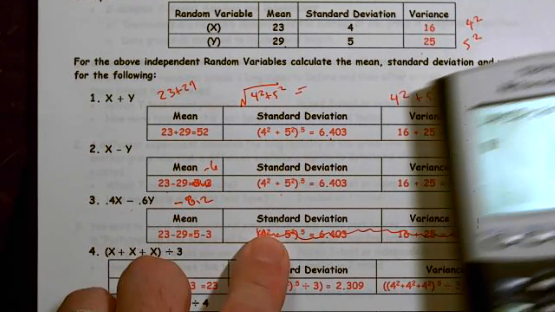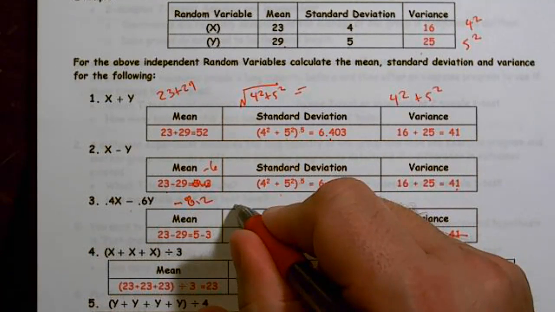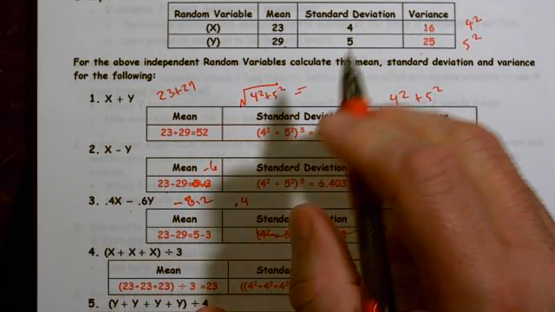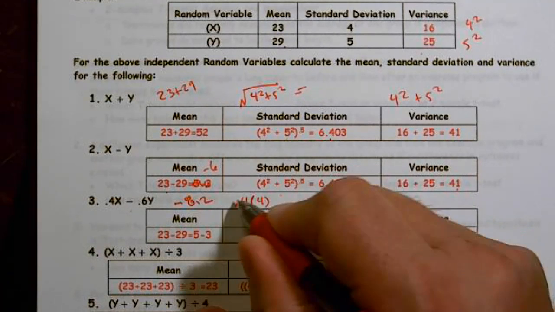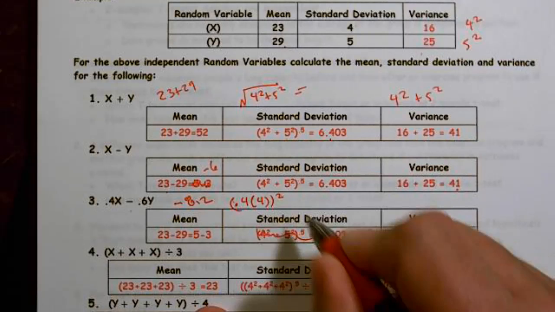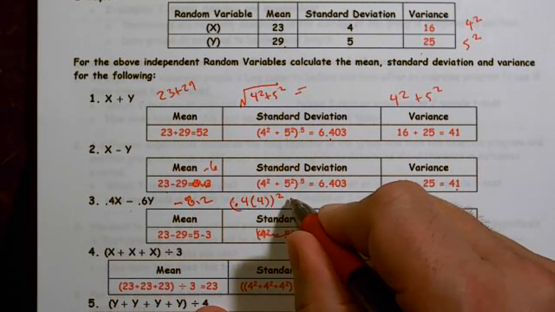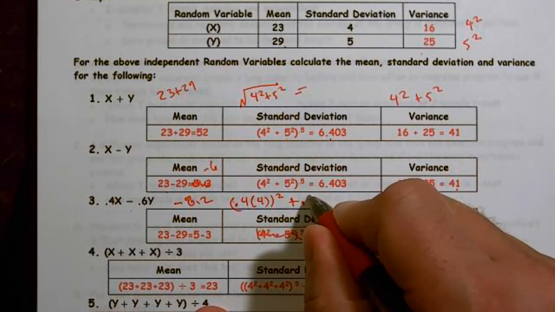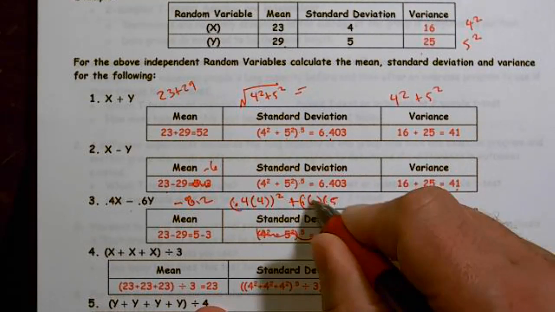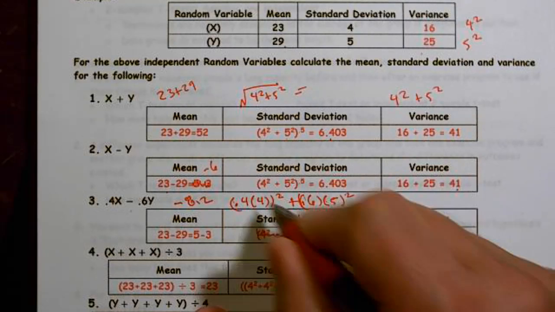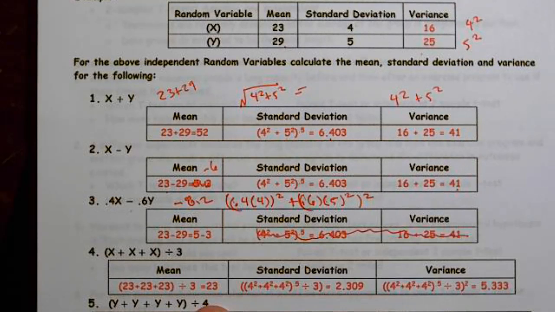For the next one, we're still following the same thing, but we're going 0.4 times our standard deviation, and then we have to square that, plus 0.6 times our standard deviation, and then we have to square that, and then we have to come back and take the square root of that whole thing.